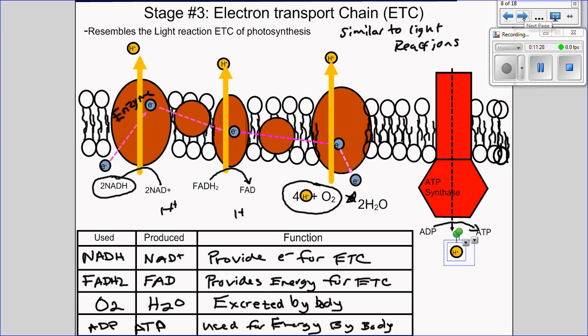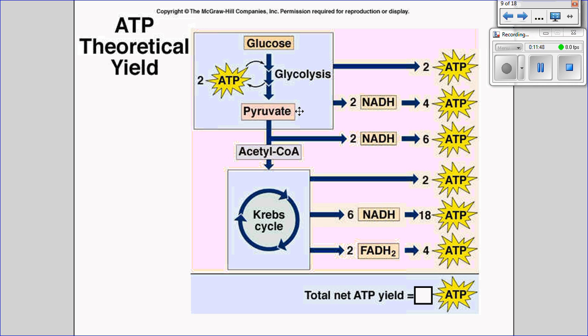So let's take a look at what all this means. That's a lot of complicated stuff that you might not understand, which is fine. If you want to understand it, please let me know, but by no means do you have to memorize all of this stuff. Simply you need to know that oxygen creates water and ADP creates ATP. But what you should really know is that during your different cycles, you create a bunch of NADH and FADH2.